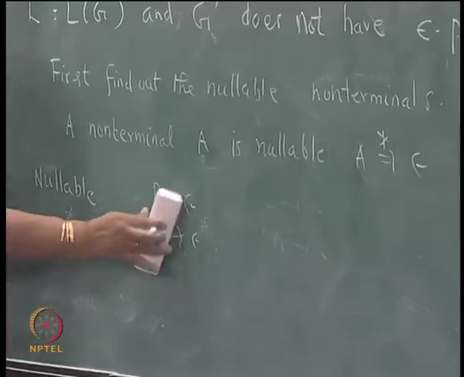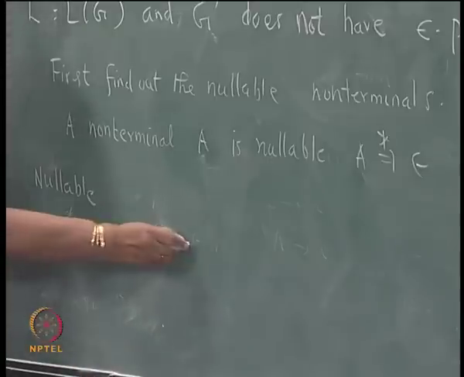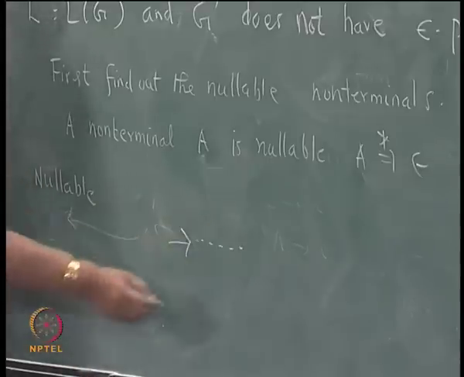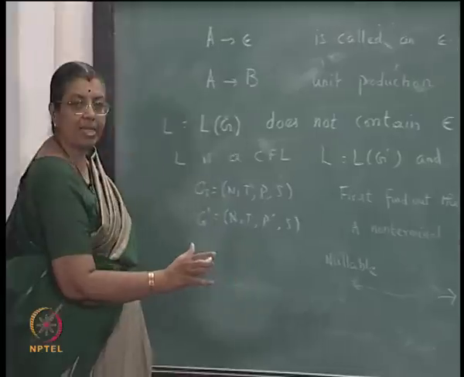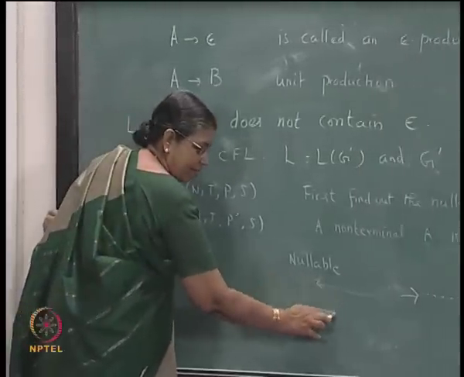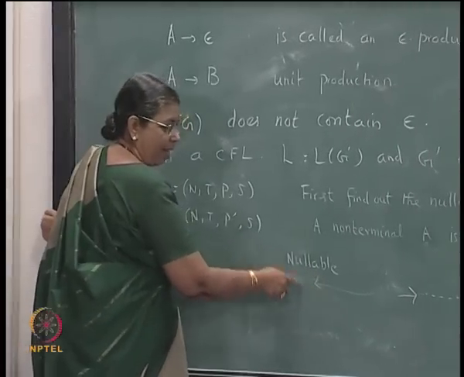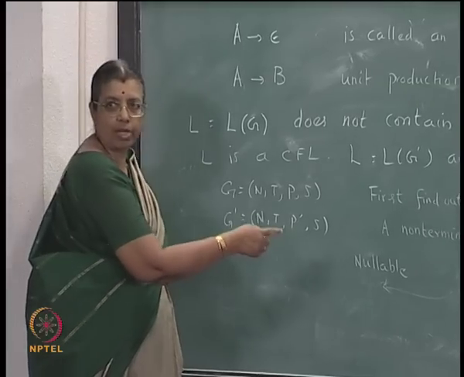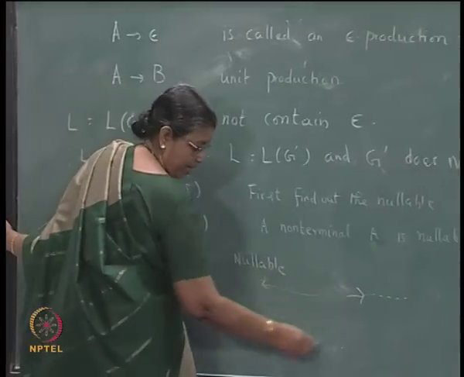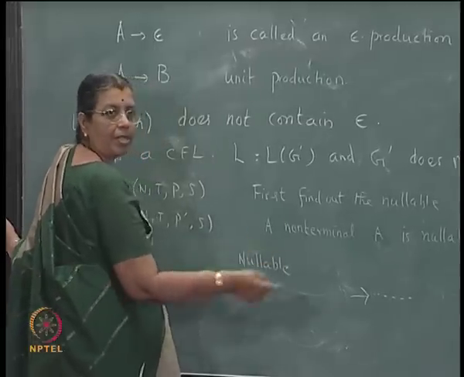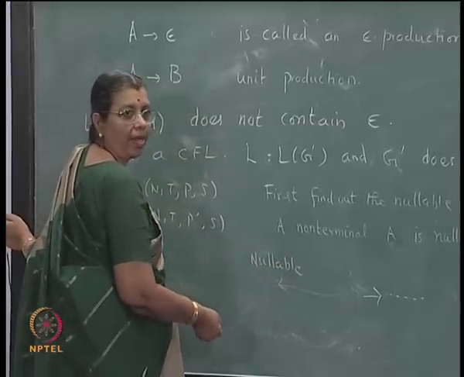After doing that, look at the rules where the right hand side consists of symbols already occurring in the set. Then from each one of them you can derive epsilon, so you include the left hand side. Then repeat the process until no more symbols can be added.